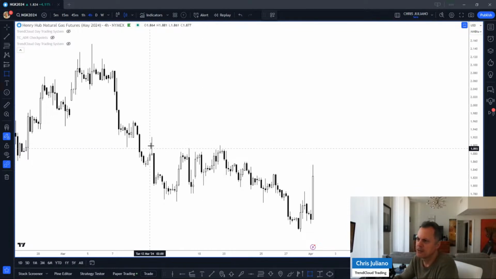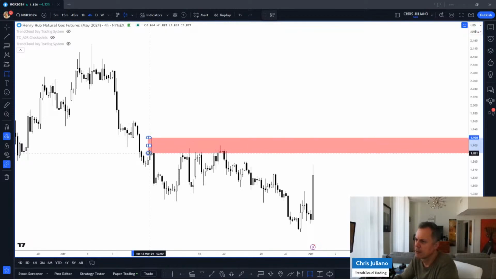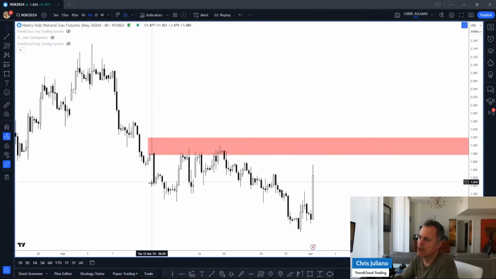Here's what I'm seeing. That is this thing right here. I boxed that out just like that. Let's take the full basing candle there. Rally, base, drop, 4-hour chart. Market edge.